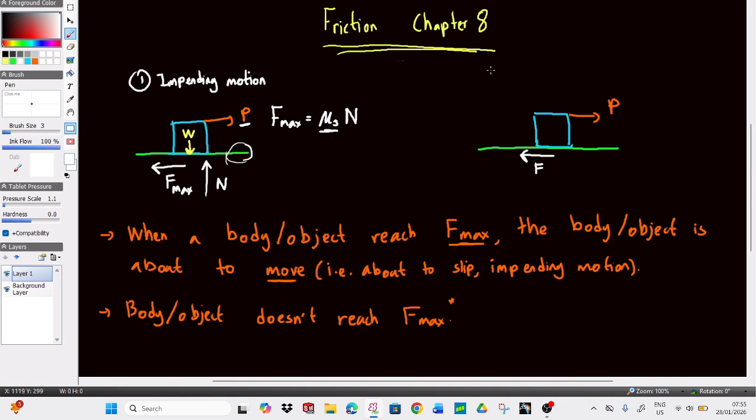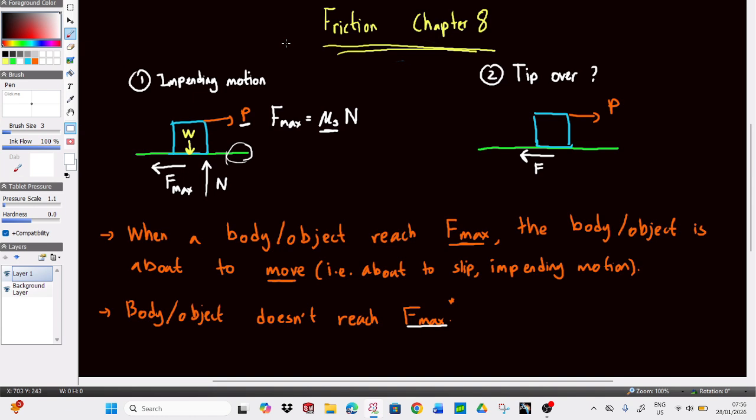Now the second case is when the object doesn't reach F max. There's a second possibility here: this object might tip over. You might be wondering, what do you mean by tip over?